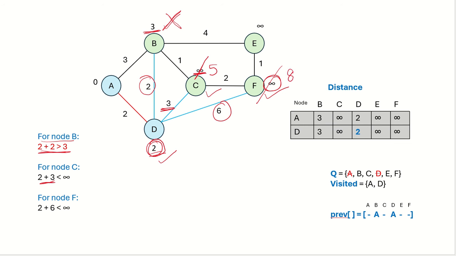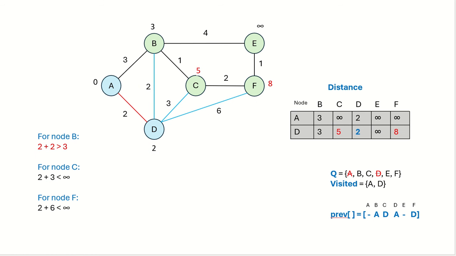Since B has not changed its distance, the previous node of B remains the same. But C and F have been updated by node D, so their previous node will also change. The distances of C and F have become 5 and 8 and their previous nodes have become D.